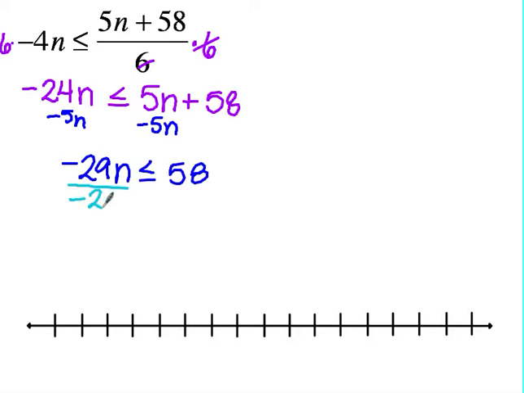Divide by negative 29. And you got to flip the sign. Okay. So what is n greater than or equal to? Negative 2. So once again, there you go.